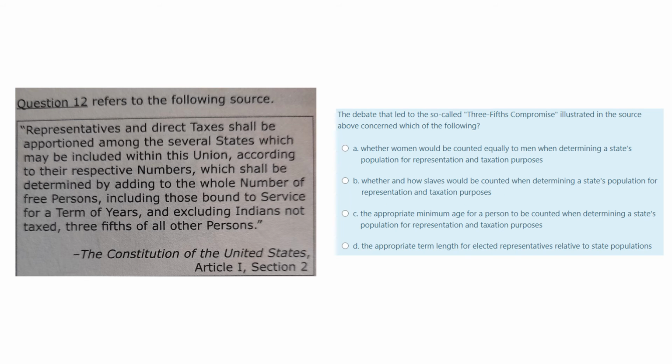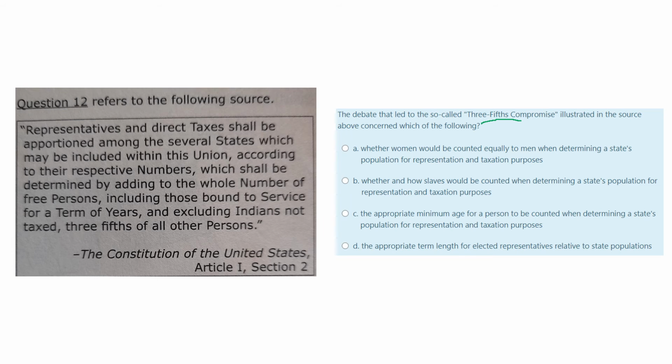Now, the debate called the Three-Fifths Compromise, illustrated in the source, concerned which of the following? You should remember this. This was one of those compromises when they were trying to make the Constitution. Different states had different ideas. They were arguing about representation and taxation.